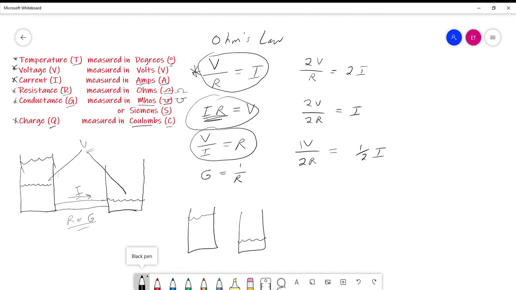Back up to this formula here. If we have infinite resistance, the denominator here will be infinitely large, and current will be infinitely small. So in a sense, Ohm's law will tell you, zero current.